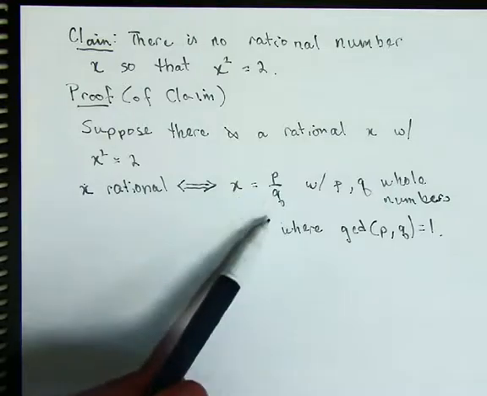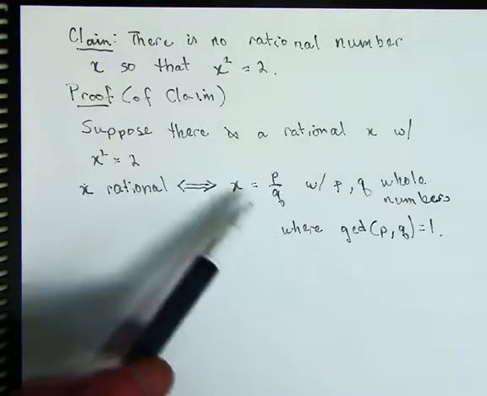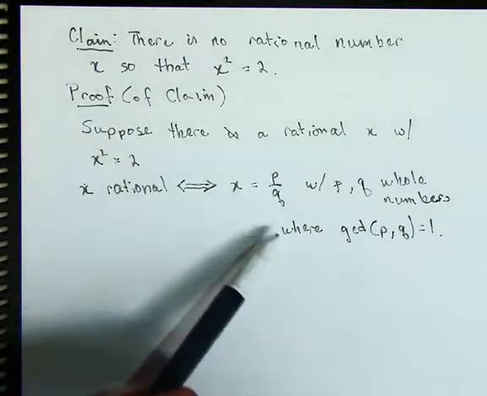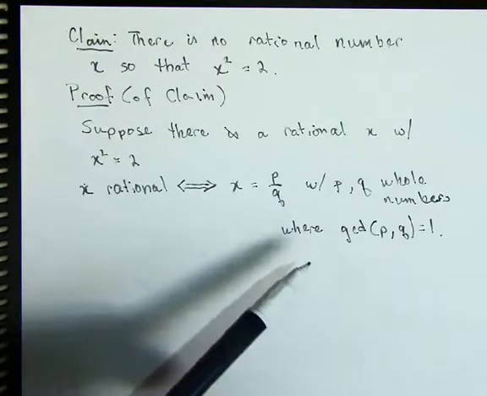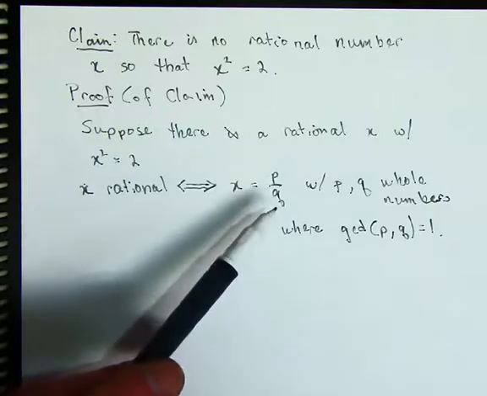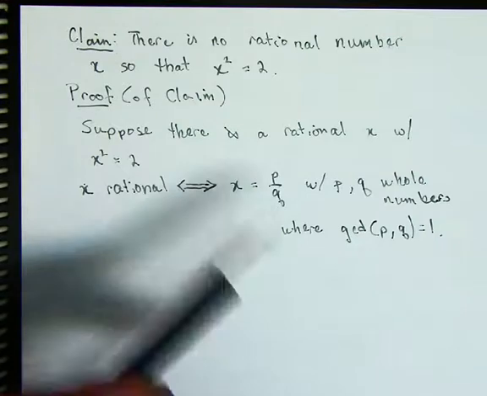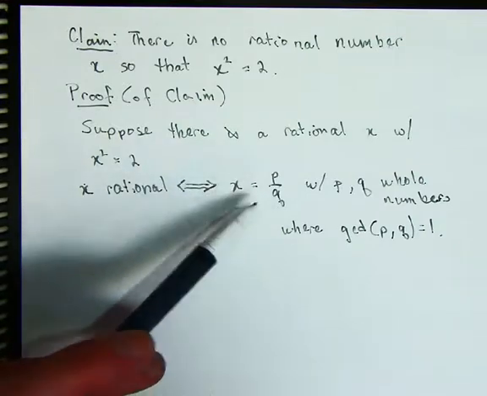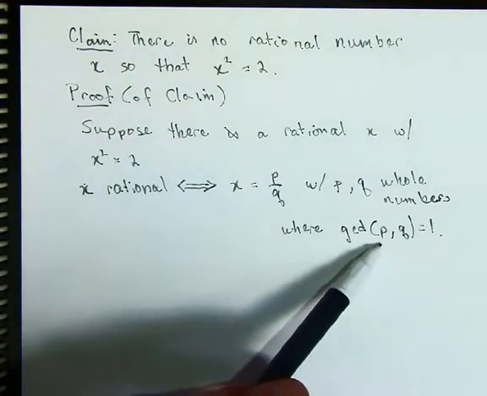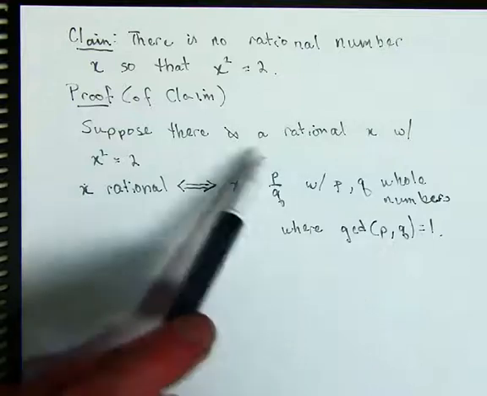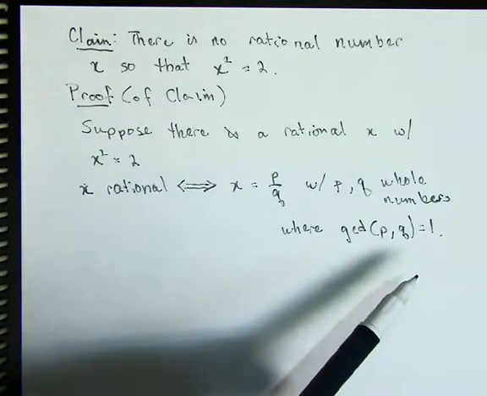If there was a common factor, we could just cancel it out. For example, nobody would write 2 over 10. We would cancel the factor of 2 that is common to the top and the bottom and write 1 over 5. Every rational number can be expressed using a numerator and denominator that do not have a common factor.